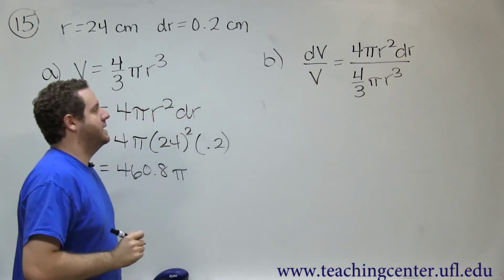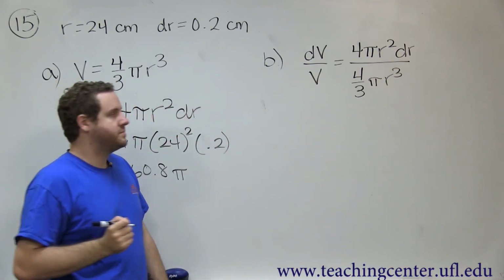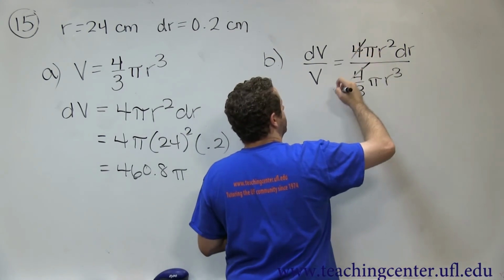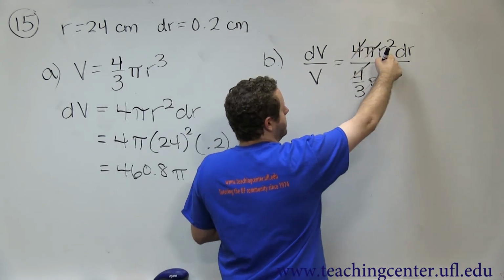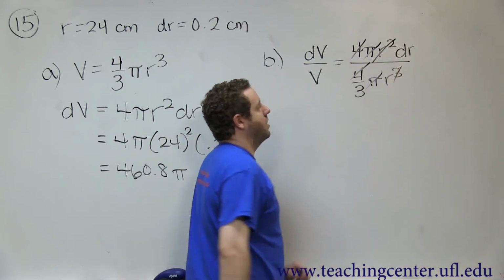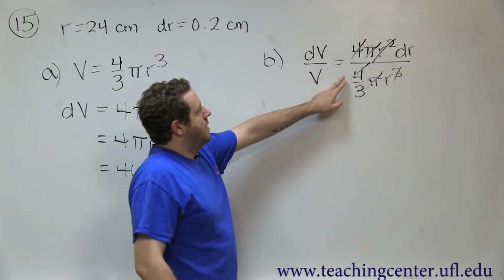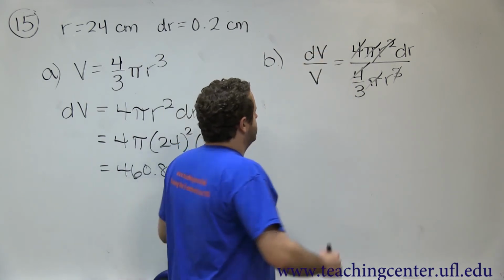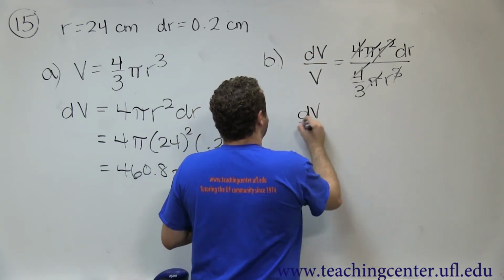Writing it like this, we get a lot of stuff to cancel out. The 4's cancel, the pi's cancel. r squared on the numerator and r cubed on the denominator leaves just one r in the denominator. Dividing by 3 in the denominator just sends that up to the numerator.